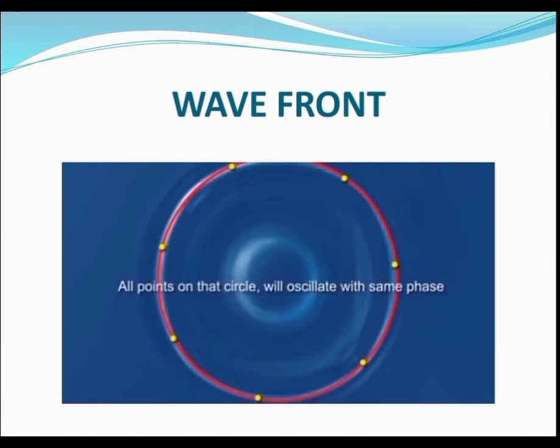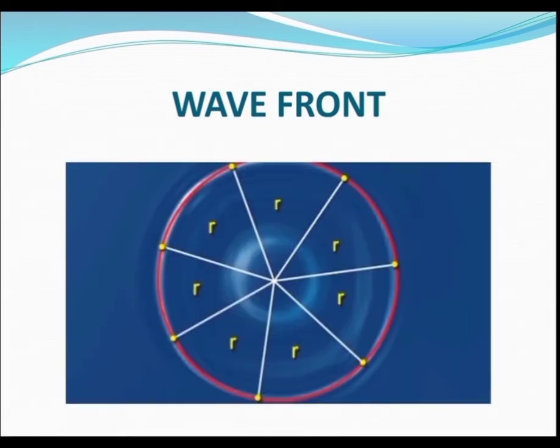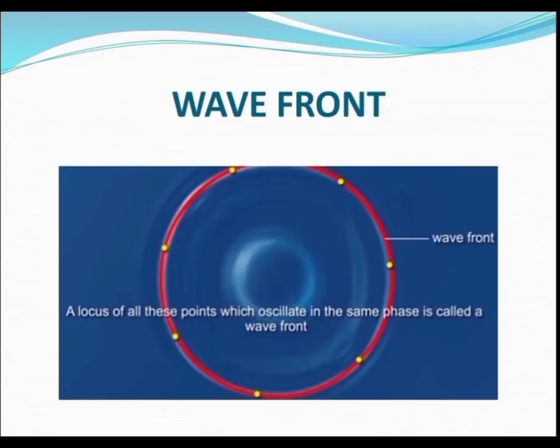If we consider a concentric circle, all the points will oscillate with same phase. This is because they are at same distance from the point of impact. A locus of all these points which oscillate in the same phase is called wavefront.